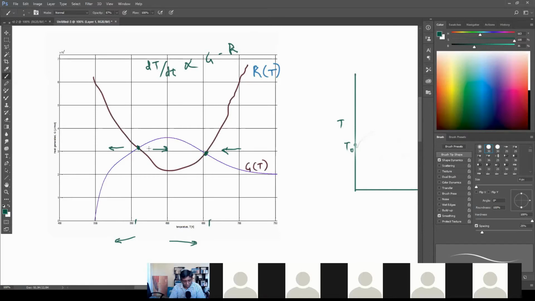So it will run away up to this point here. And then if you were on steady state and the temperature drops slightly, then your removal rate will be higher and your generation will be lower, and so it will run away down there. So we can say there are just two dynamics features of interest here.